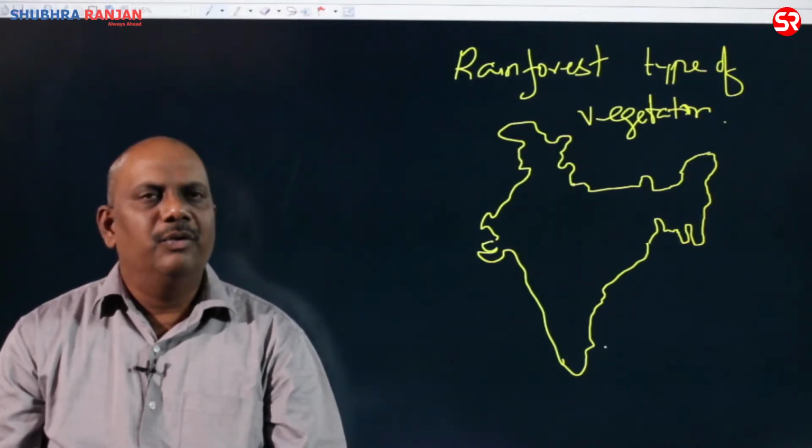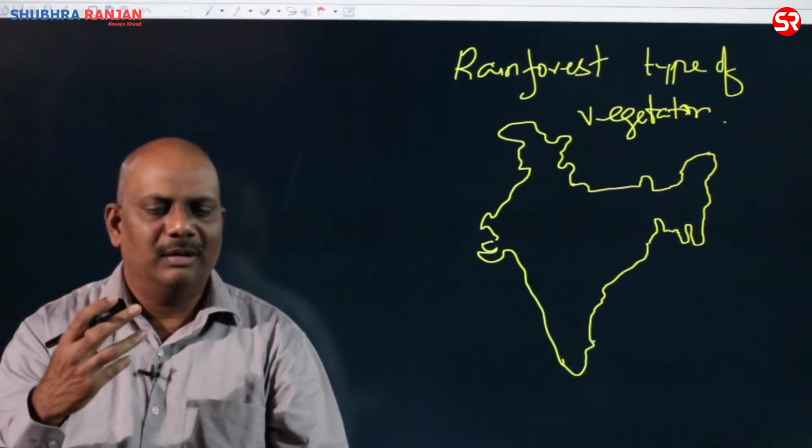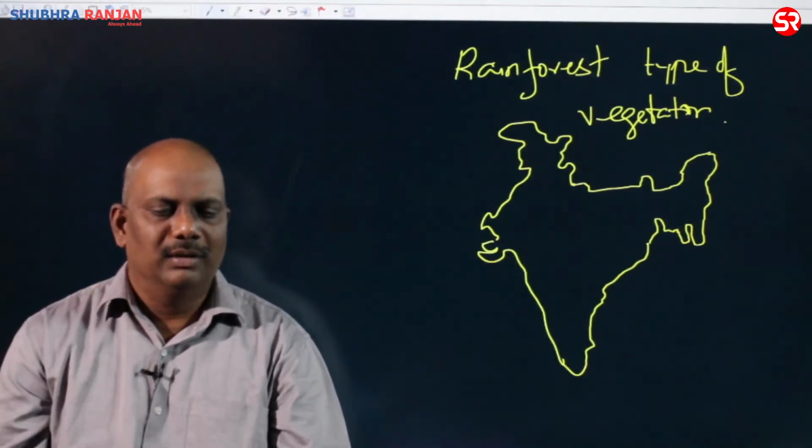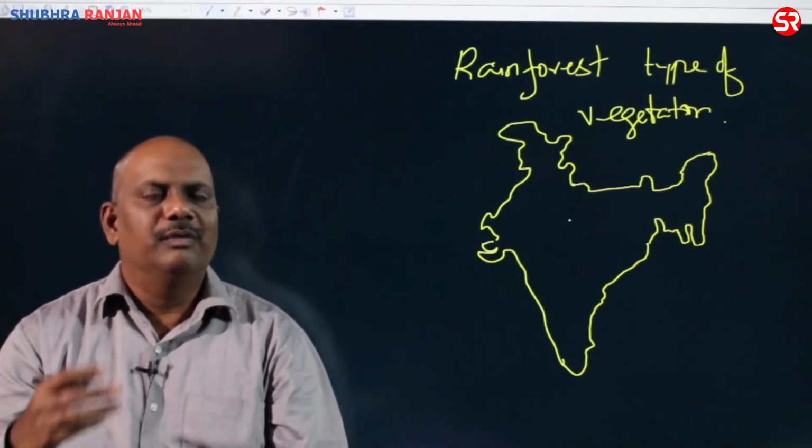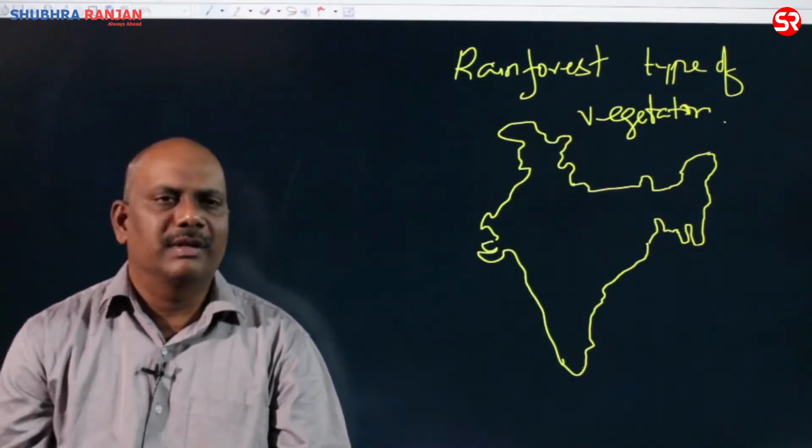It's a wrong map actually, it's not showing the correct area. Gujarat becomes very small here. So where do we have a rainforest in our country?